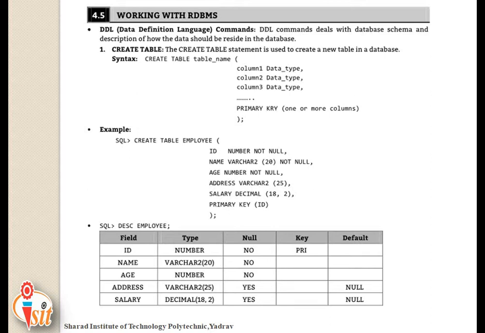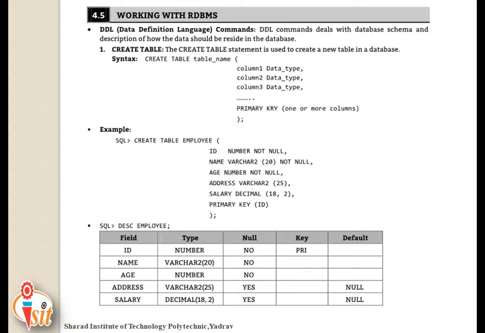Now in table format you have to describe the table, that's why SQL describe employee. In table format, first you write the different columns, that is field: ID, name, age, address, salary. Types, that is data types: number, varchar, decimal. Then which values should not be null: ID should always be there, that's why no null.